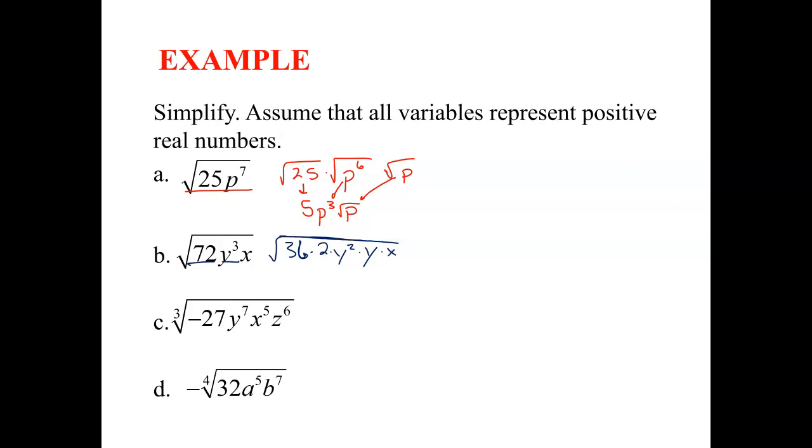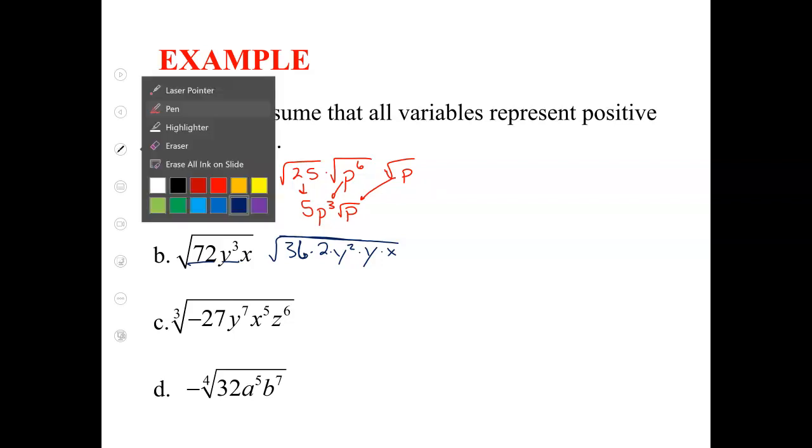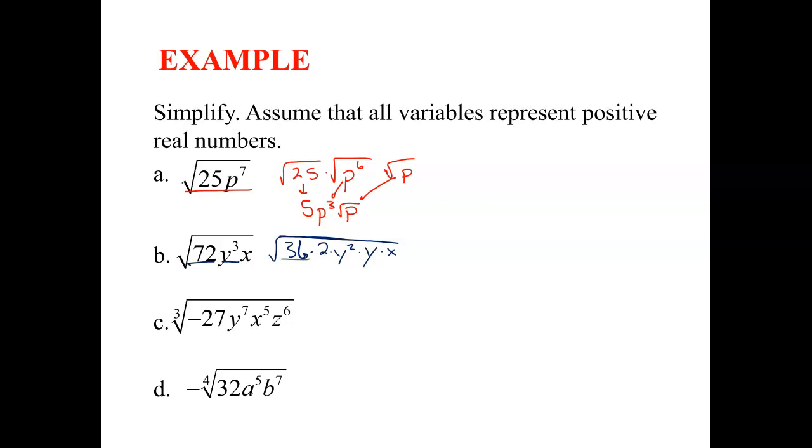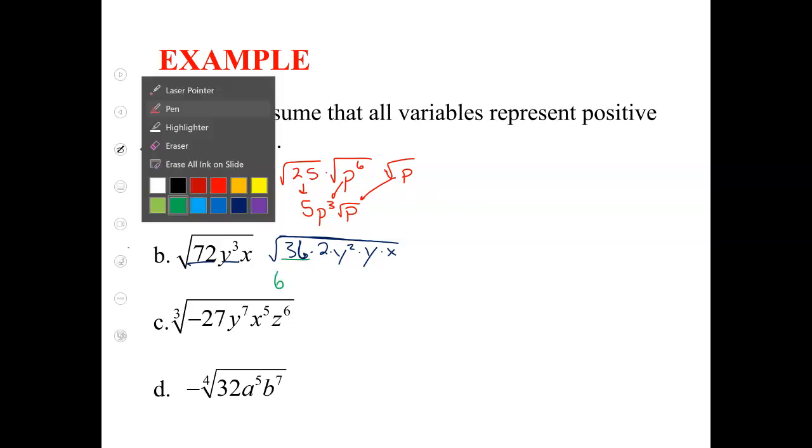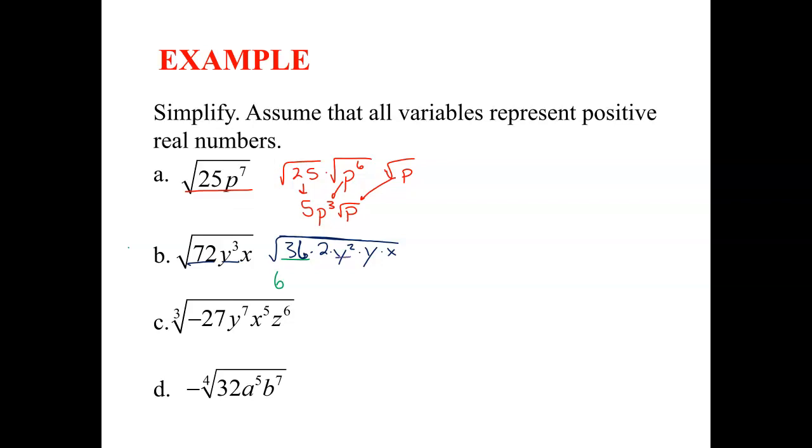So focus on what's your perfect squares. 36, what's the square root of 36? 6. Okay. Y squared, what's the square root of y squared? Y. Now, I'm done with those. 6y, and 2 and x can't be square rooted, so I just keep them inside the radical. What's 36 times 2? Oh, yeah, 72 was factored into 36 and 2.